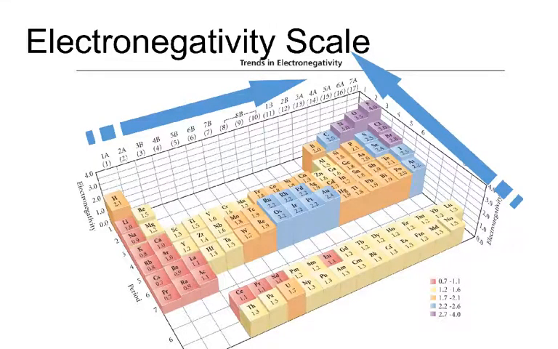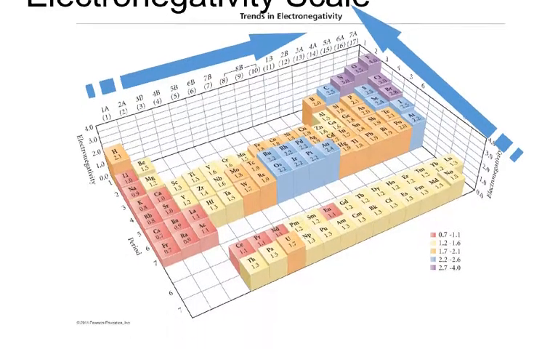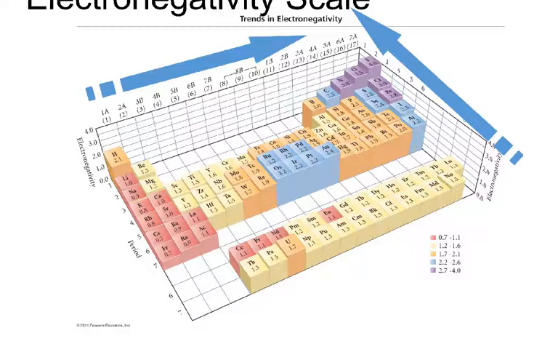The way we measure this is with the electronegativity scale. So here's a picture of the electronegativity scale, and one way to check for covalent versus polar covalent versus nonpolar is by checking the difference in electronegativity.